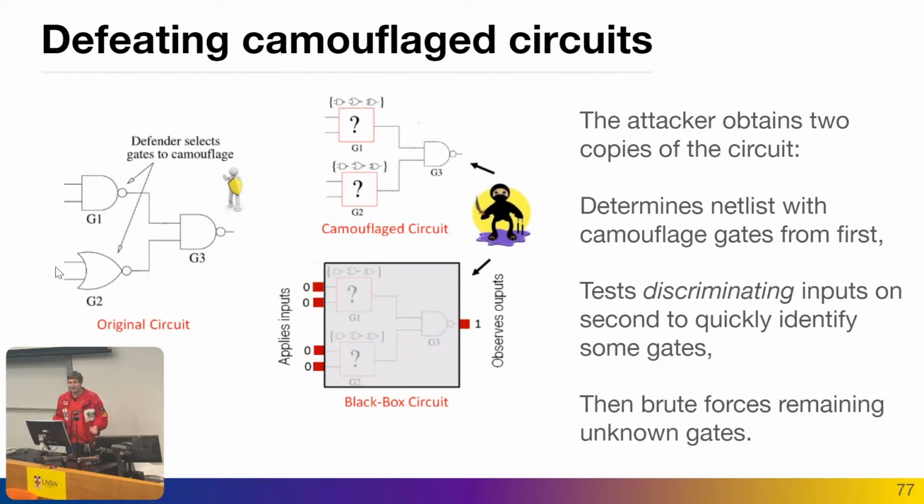And what I will try to do is give it inputs that discriminate, that make me identify what possible gate each of these gates could be. So it's called coming up with discriminating inputs. And this is a whole topic on its own about how we actually come up with those inputs, so that's all I'll say about it. But suffice it to say that by using discriminating inputs, we can reduce the search space a lot. And then for the ones that we can't come up with discriminating inputs for, we just brute force them.